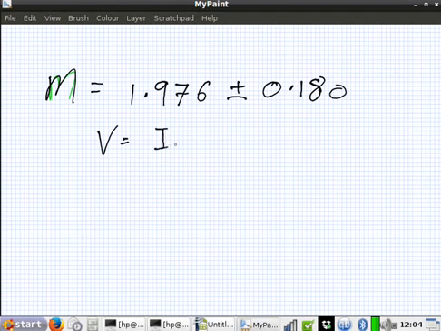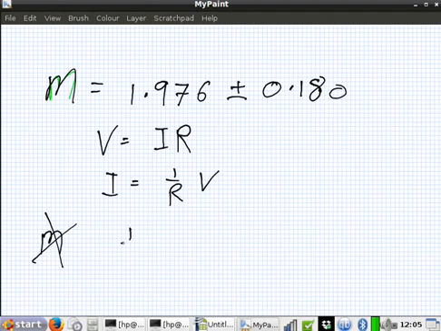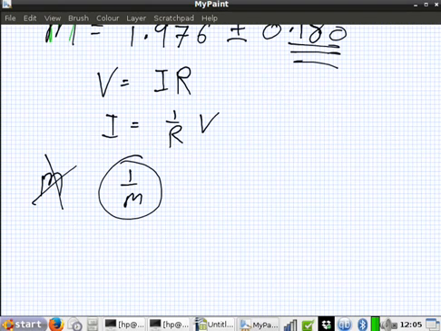But if we go back to Ohm's law as an example, we have V equals I R, but V is on the x-axis, so really we have I equals 1 over R times V. So we don't want to know what the m is, we want to know what 1 over m is. But I got the uncertainty for m. What's the uncertainty for 1 over m?